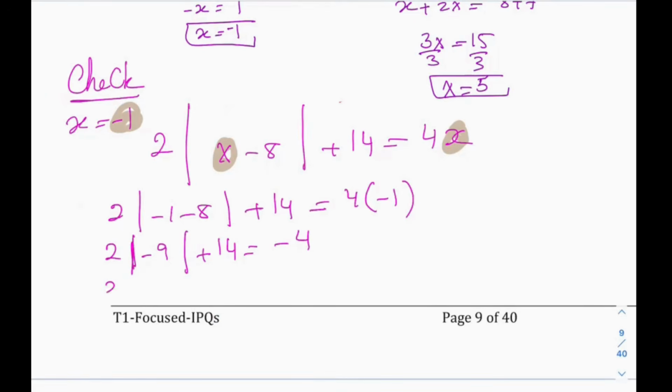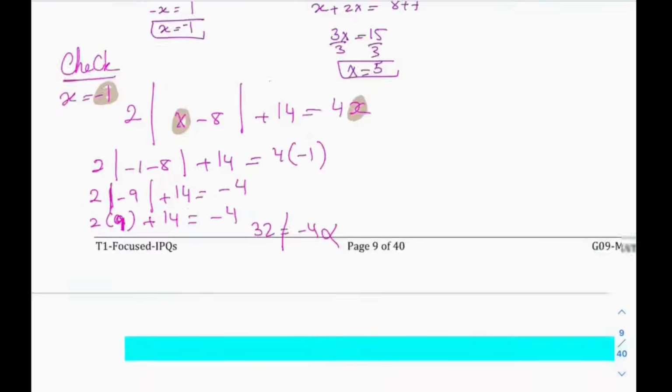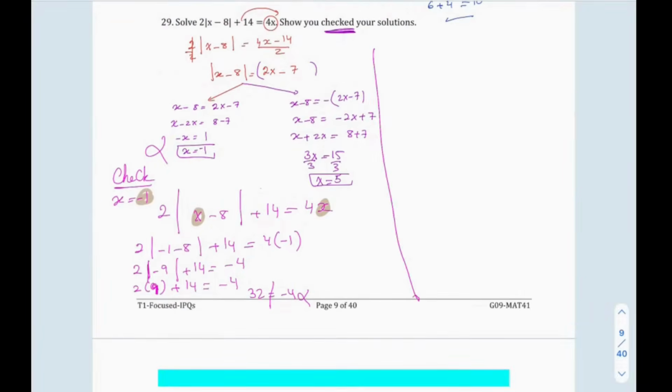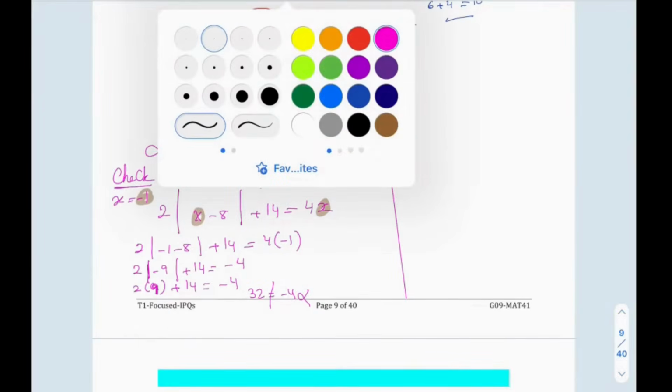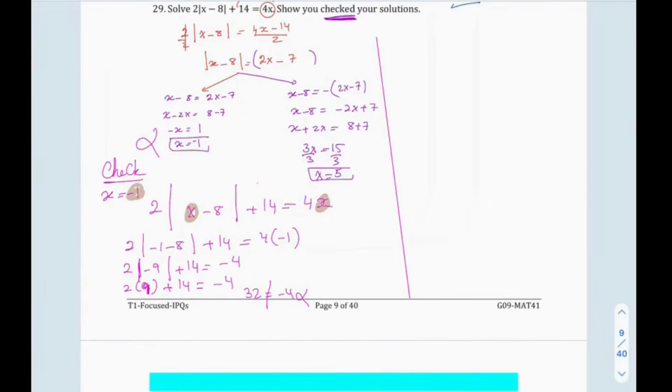Absolute value of -9 is 9. 2 times 9, 18, plus 14, 32. Is 32 equals -4? No. So this solution will be rejected, not acceptable. We will reject that one. Going to the other solution, this solution is not giving me the correct answer. And this happens usually when you have a variable on both sides. At least one of the solutions can be not true.